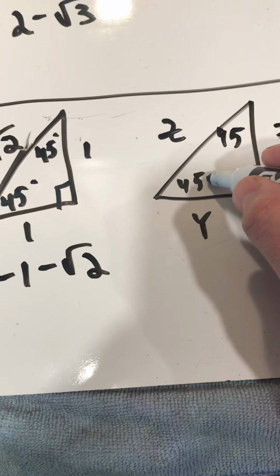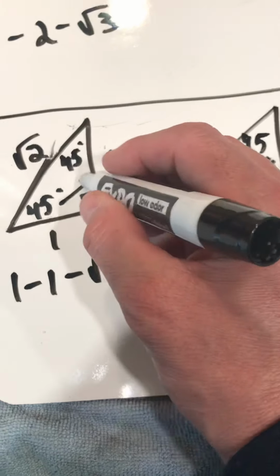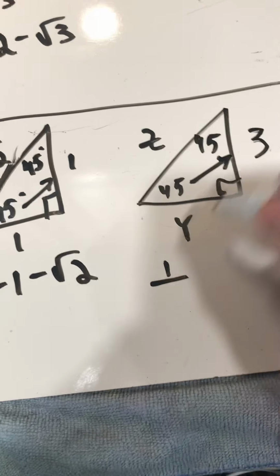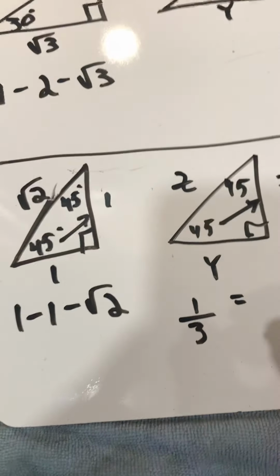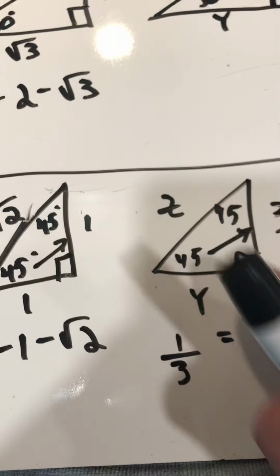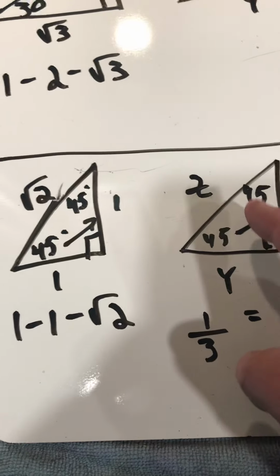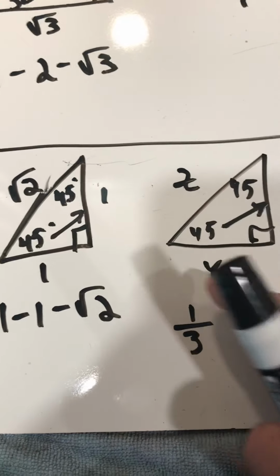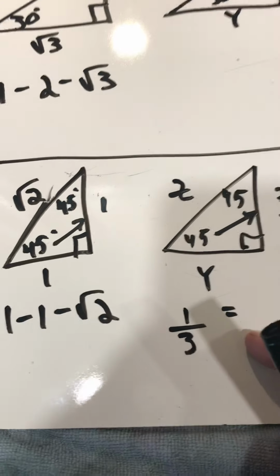Let's fire this 45. This 45, we always go left to right. 1 over this 45, 3, equals, now what if we fire the 90? Radical 2 and z. That'll work. But if we fired this 45, we would get 1 and y, right?